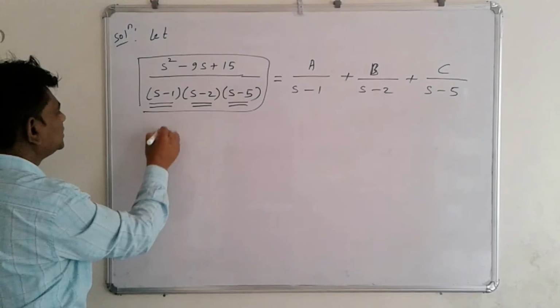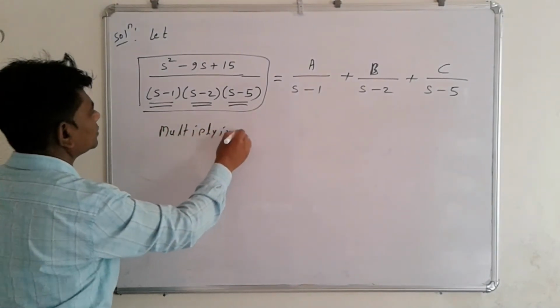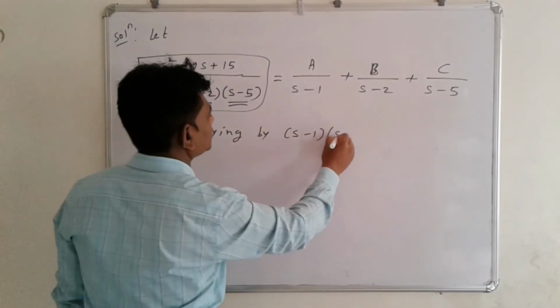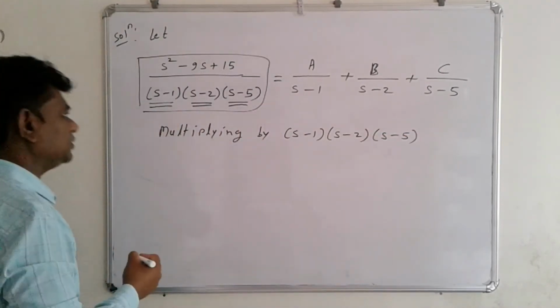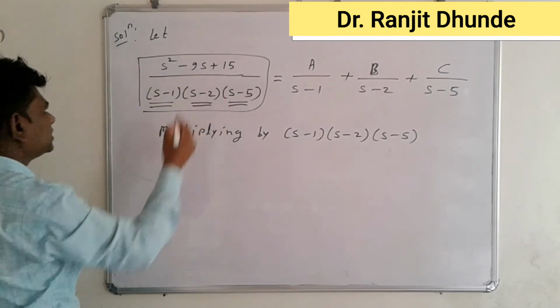Now multiplying this by (s−1)(s−2)(s−5), we get, by using this multiplication, the denominators get cancelled.